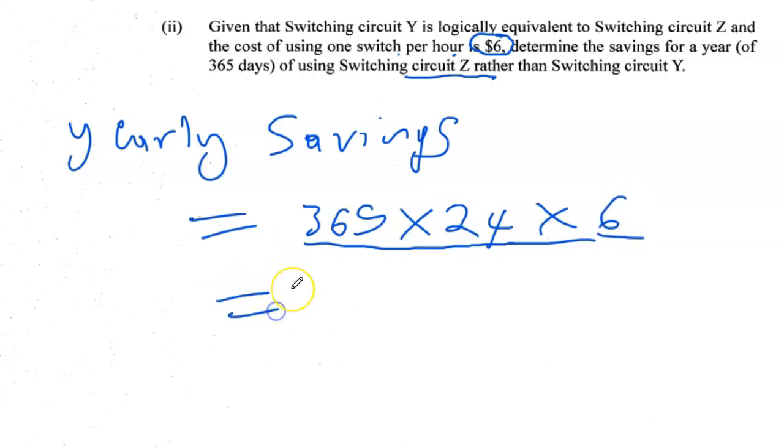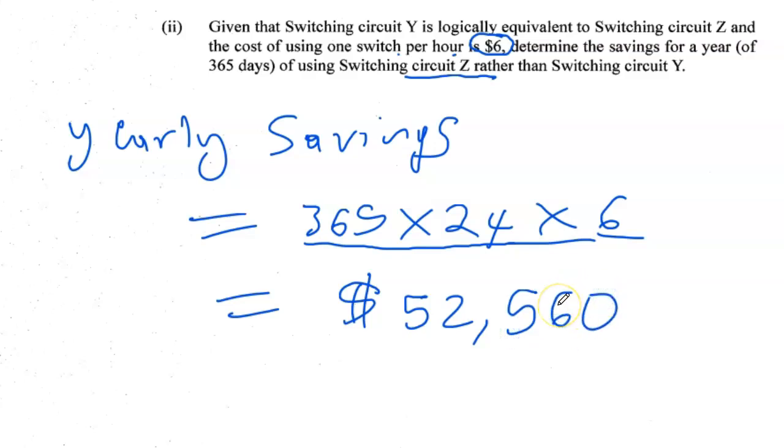So the savings will be 365 times 24 times 6, and that gives us 52,560. That will be the amount saved on one switch.